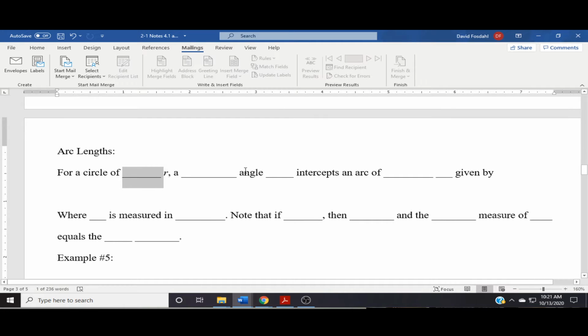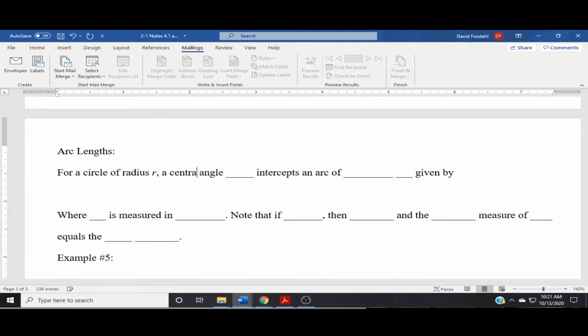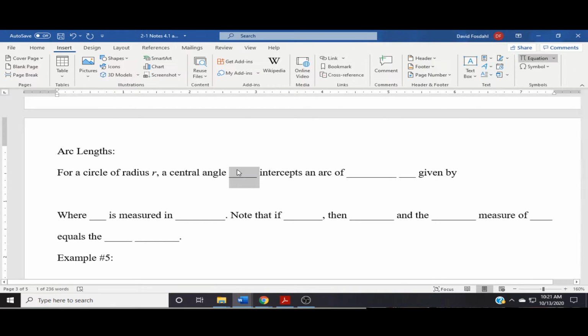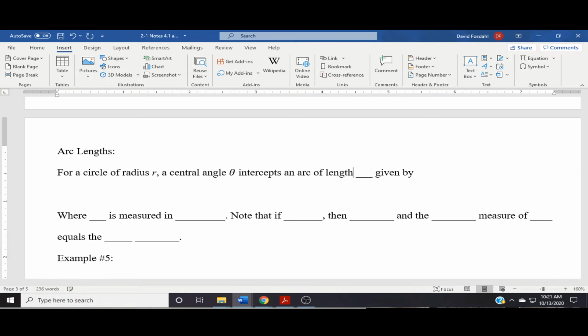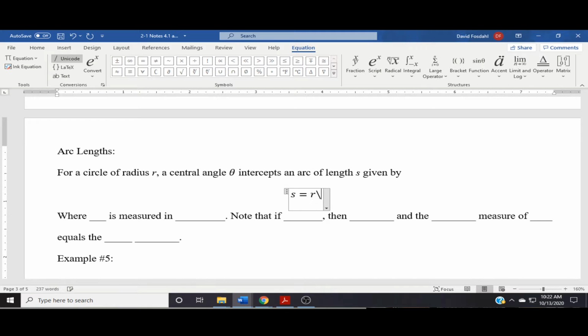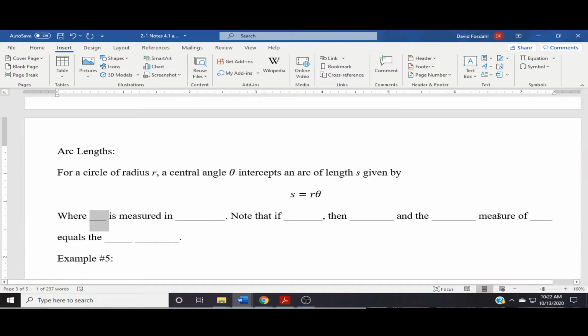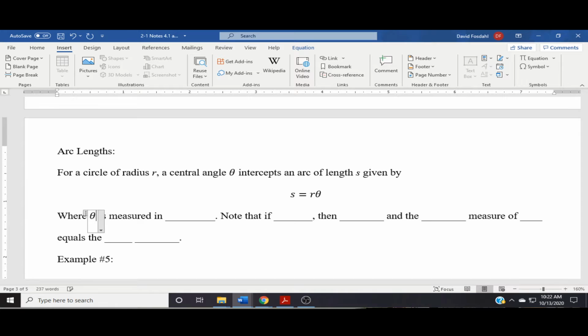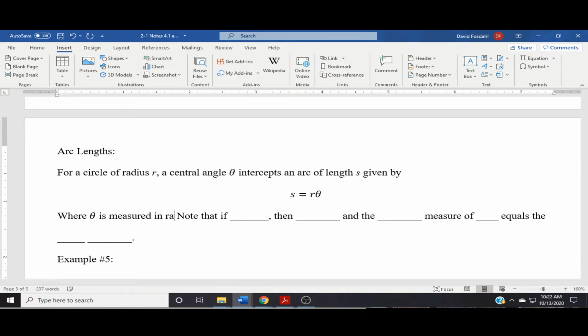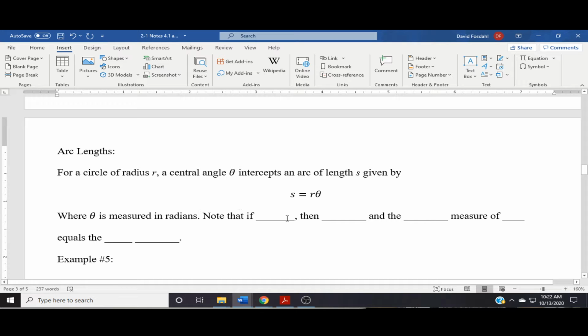Okay, so for a circle of radius r, a central angle theta intercepts an arc of length s, given by the formula s equals r theta, okay? Where theta is measured in radians.